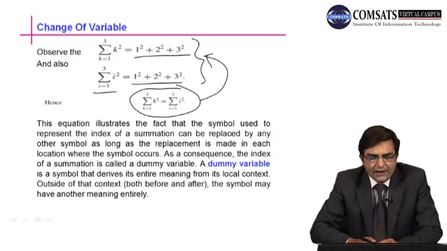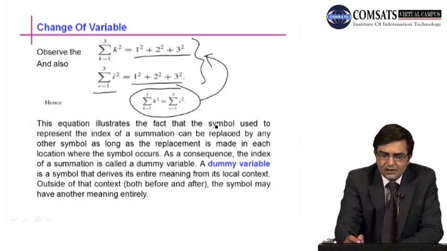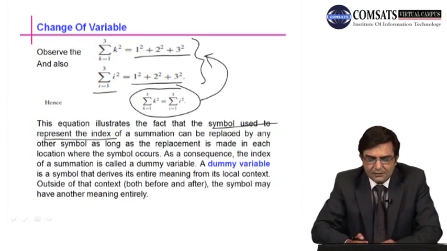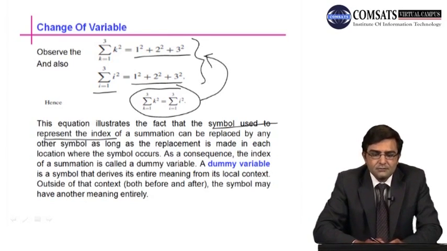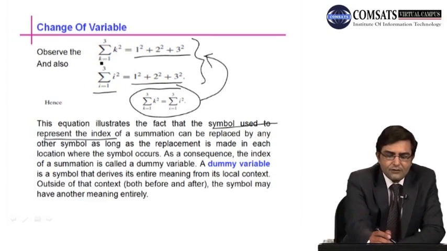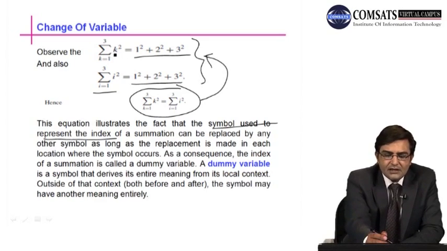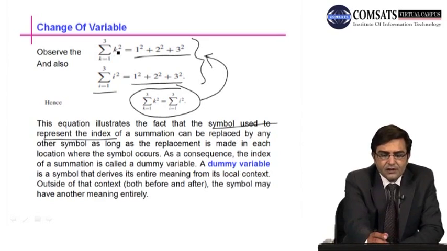So we can conclude that the symbol used to represent the index of summation can be replaced by any other symbol as long as the replacement is made in each location where the symbol occurs. Means if we replace k by i here, we have to replace k by i here also. So we have to replace the index of the summation at each location.